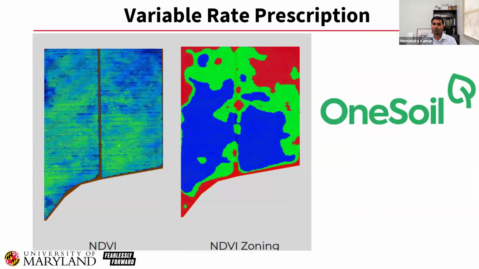Now, when it comes to, as I was saying, the targeted spraying, or the targeted spot that you want to identify, or to understand your healthier crop versus unhealthier crop, or the crop stress, it is the NDVI.